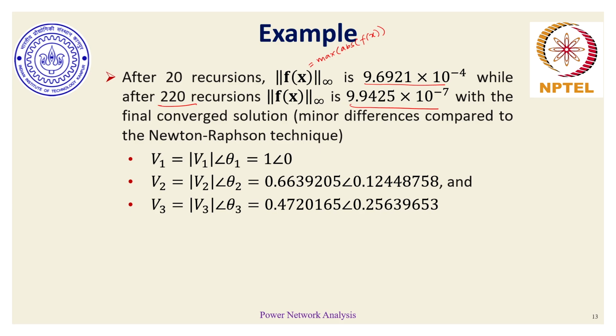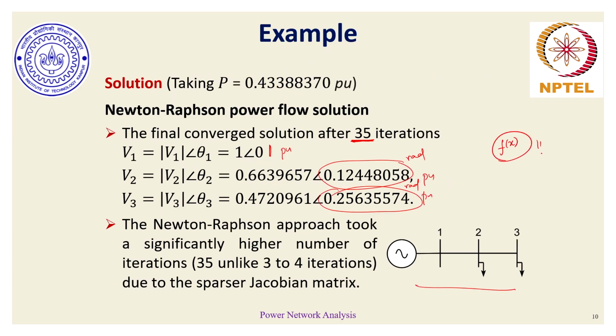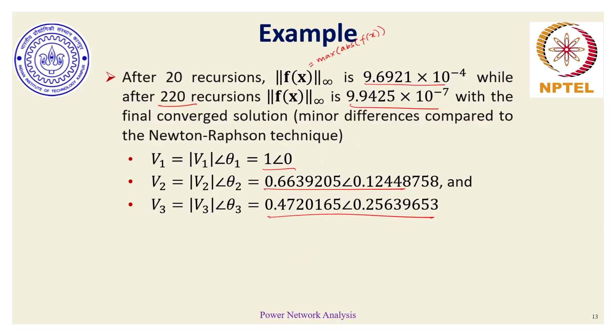And the final solution that we get is more or less the same as the solution that we got for Newton-Raphson technique as shown in slide number 10. The numbers here are more or less similar. There are minor differences in the phase angles that we have obtained in terms of radians, but the voltage magnitudes and, in fact, the phase angles to the fourth or the fifth decimal are more or less the same.